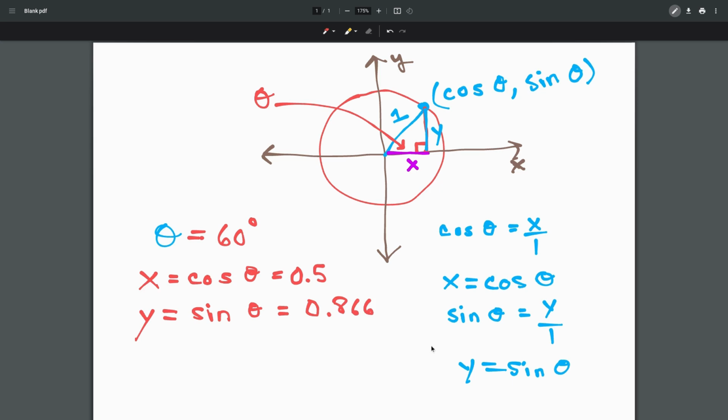Okay, all right, so let's do another theta. Let's do a theta of 20 degrees. All right, so in this case, x would equal the cosine of 20 degrees. That's going to equal a certain value, and y equals the sine of 20 degrees.